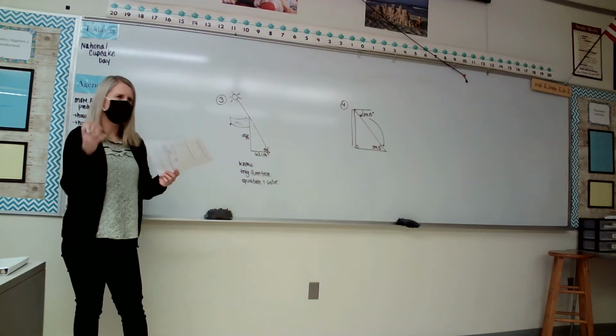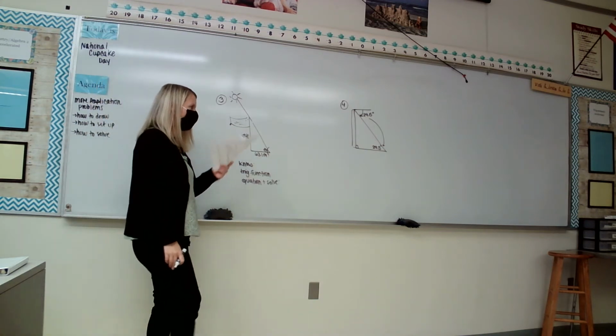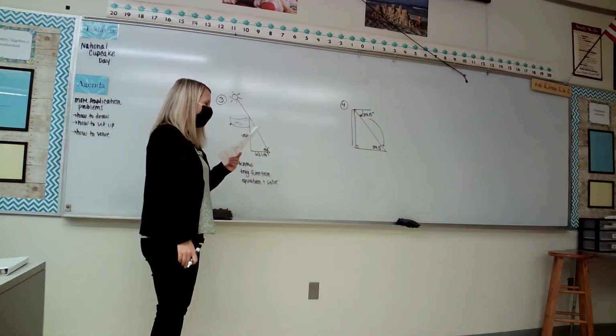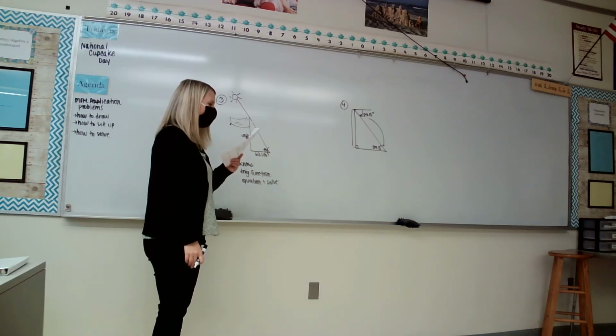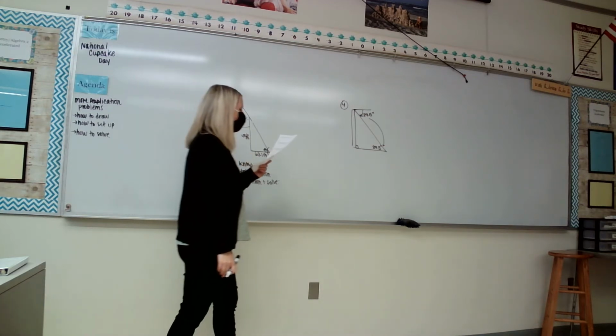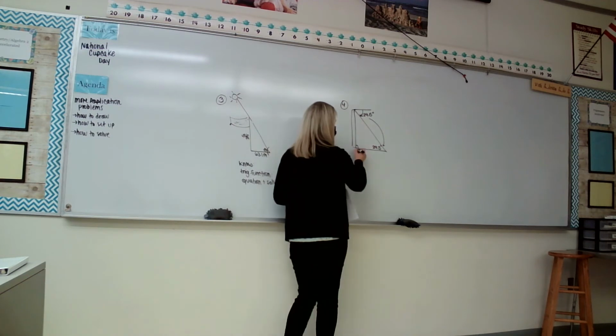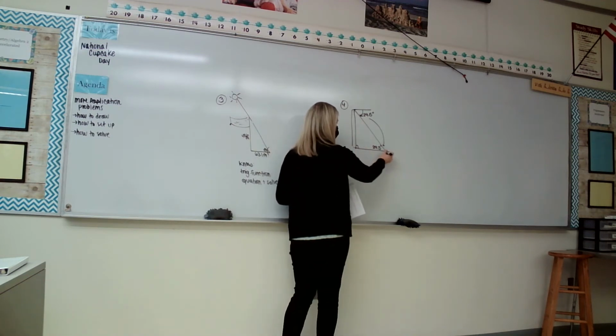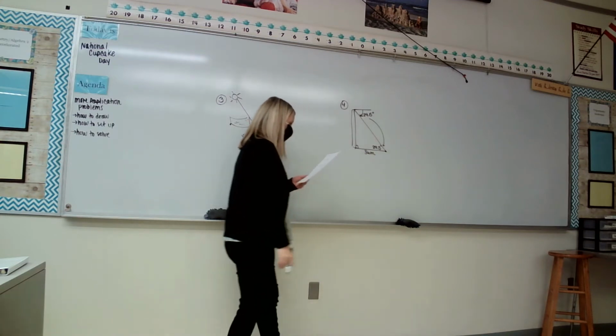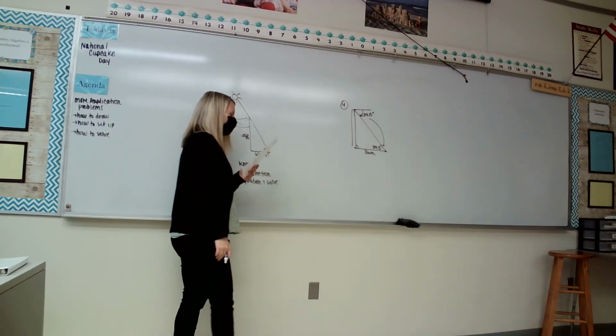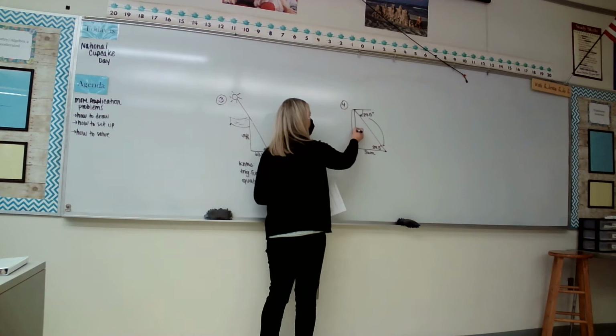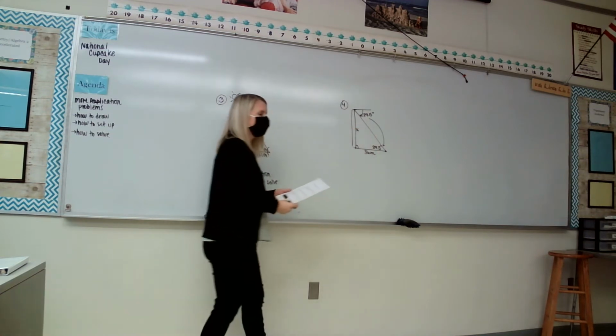You don't need to do anything extra, even though it's a little weird. It's just remembering where it goes. It says to a point on the ground 36 meters from the bottom of the tower. So from the bottom of the tower to this point is 36 meters. And it asks us to find the height of the tower. So we want to find how tall it is.